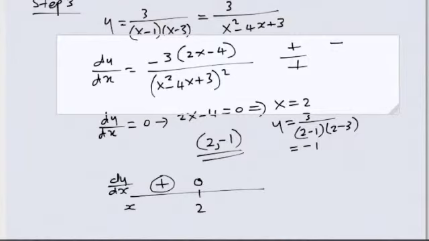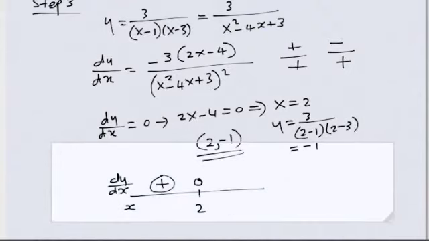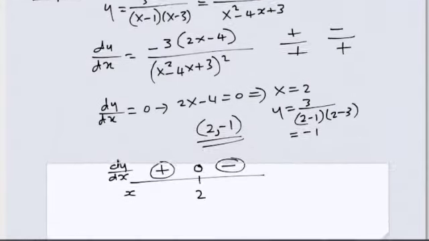In the denominator we have some number squared, so it's positive. So negative over positive is a negative number. So for values of x greater than 2, the derivative is negative.